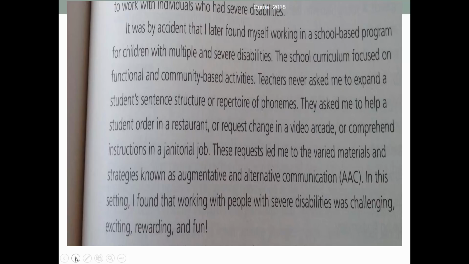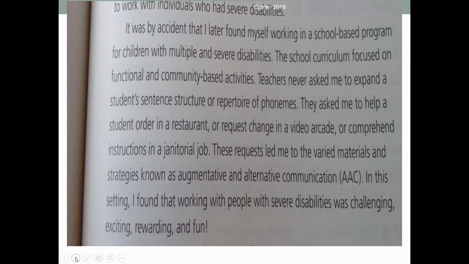This is pretty well what I found in a textbook about a teacher's assistant who was working in a school-based program with multiple and severely disabled individuals. And the curriculum focused on functional and community-based activities.